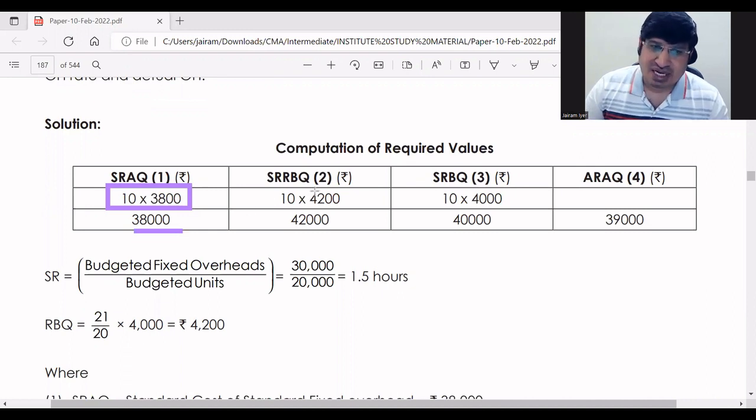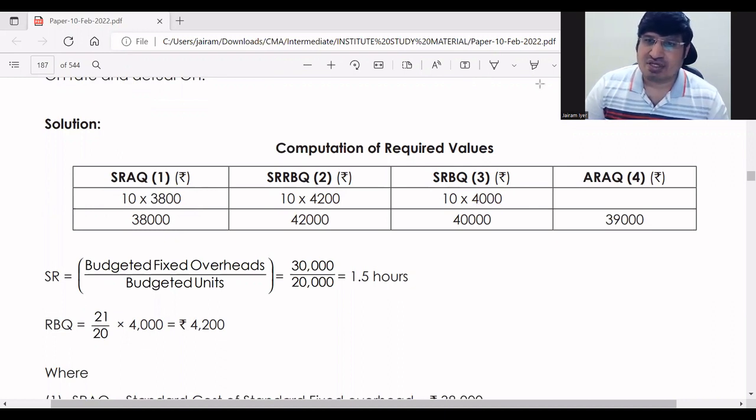Okay. Now second is we need revised budgeted quantity. But before that, let us just see budgeted quantity is 4,000.